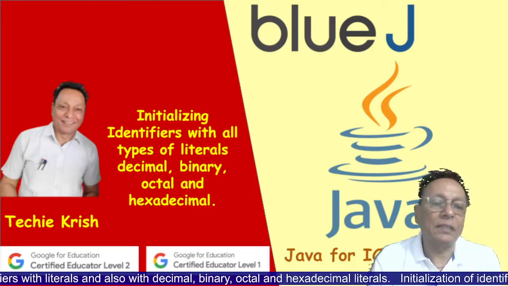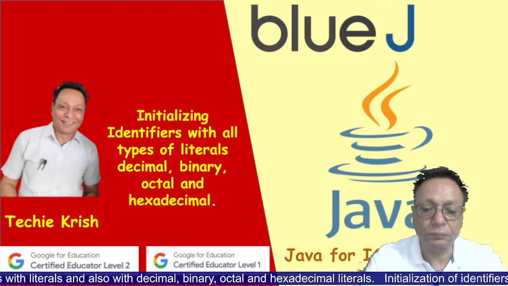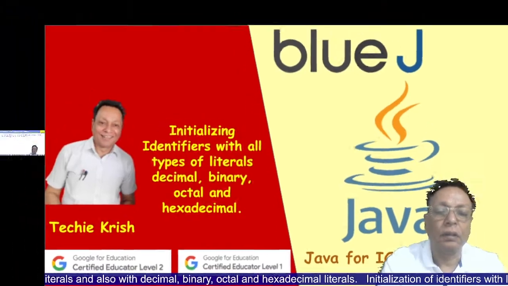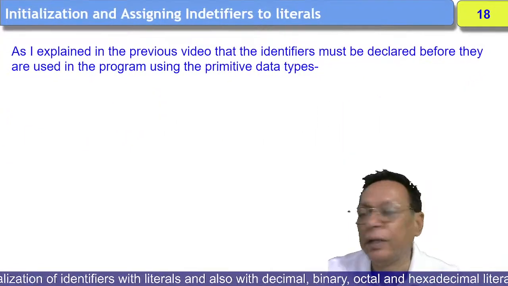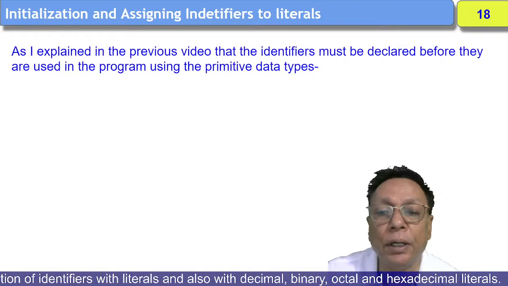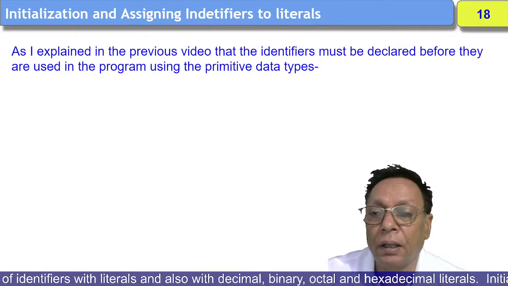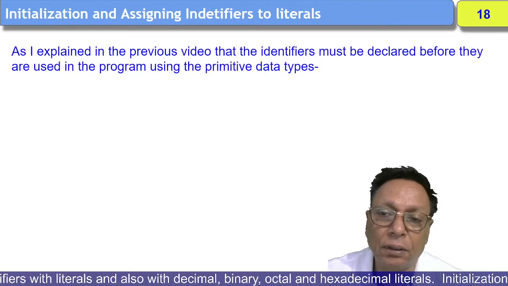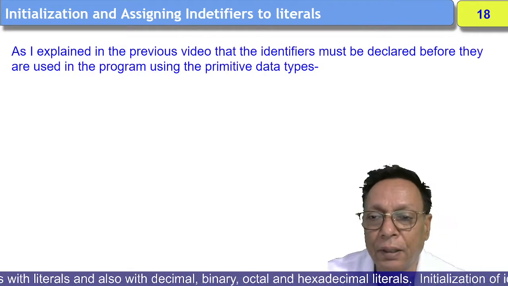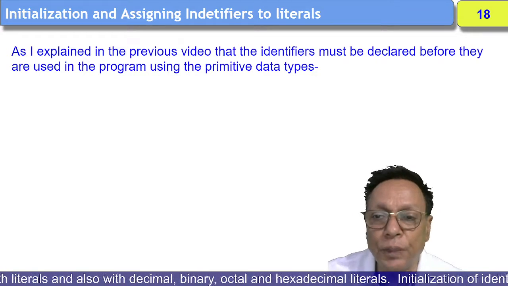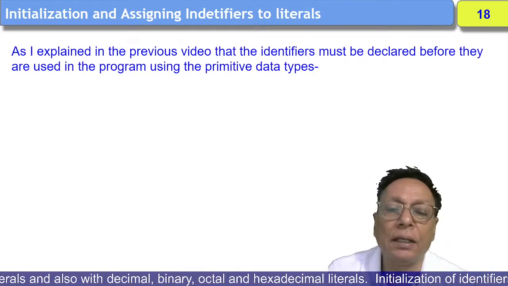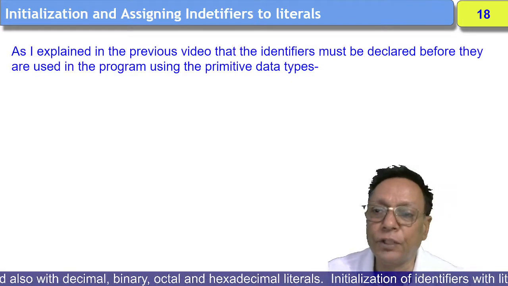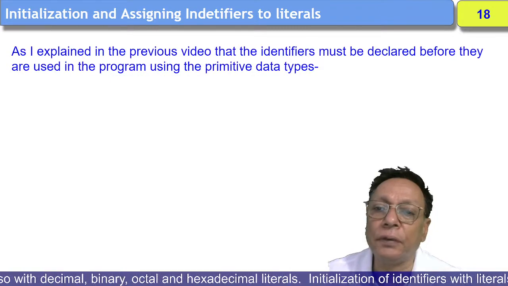As far as decimal literal is concerned, normally when we initialize any identifier to a literal or a number, it is an integer or decimal. By default, the number which we use in the programming language, if it is an integer, will be a decimal number.